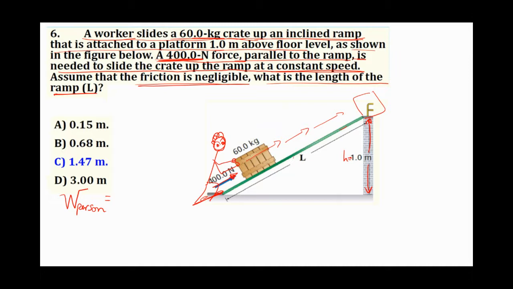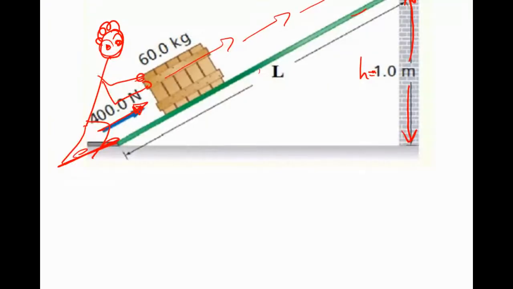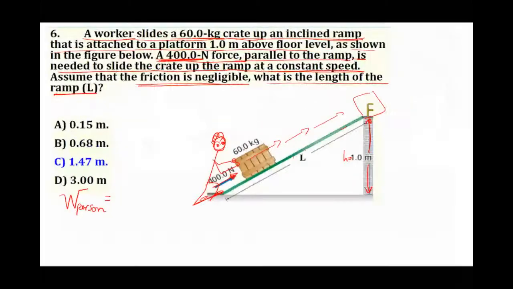He has force 400 Newton and he moves a distance L. No, I'm not talking about the box. I'm talking about a person. This person applies a force of 400 Newton, and he moves a distance L. So what is the work of the person?